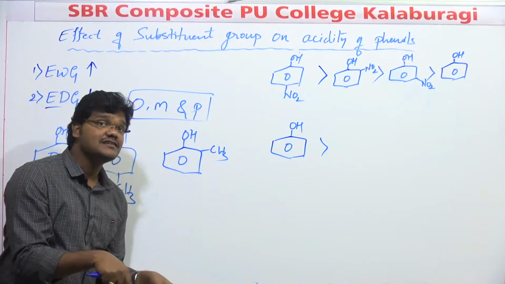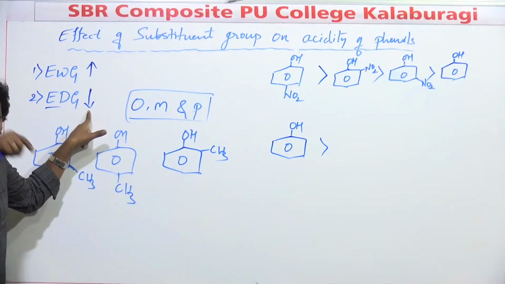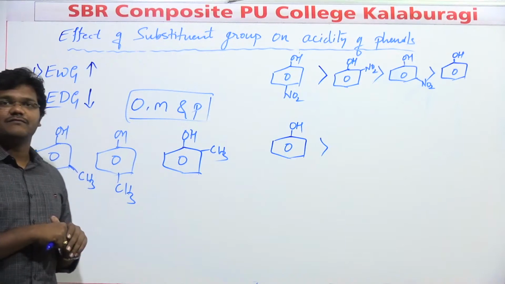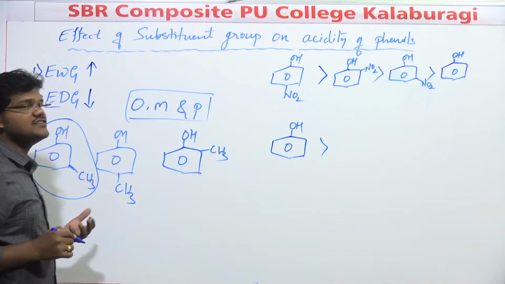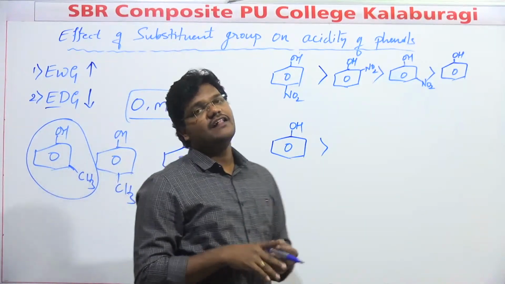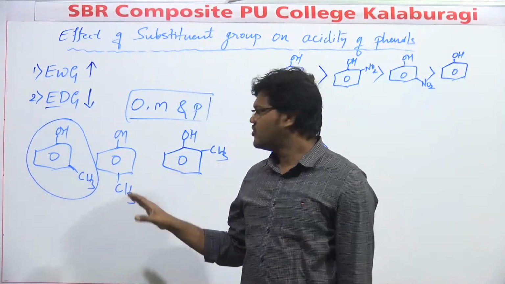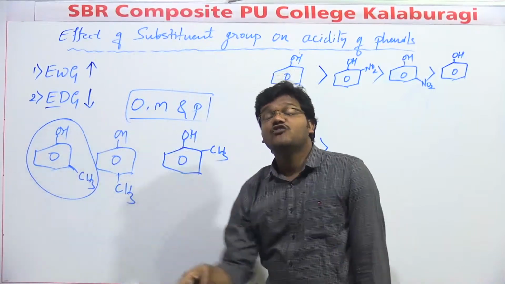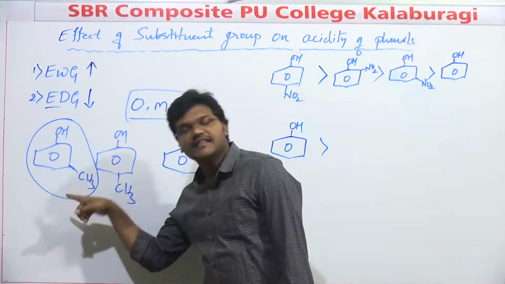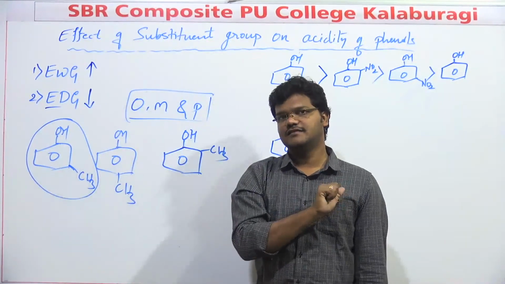Now the acidic nature is decreasing. Hyperconjugation is not there at meta. Electron donating character is there, and electron donating groups will decrease the acidic nature. But if the electron donating group is present at meta, then the effect will be less.